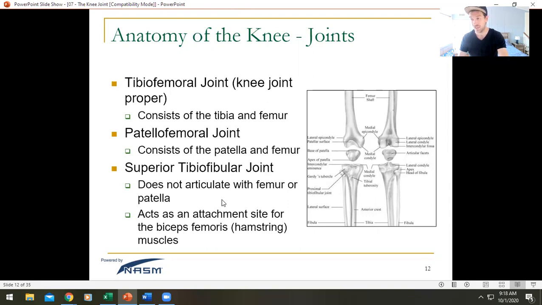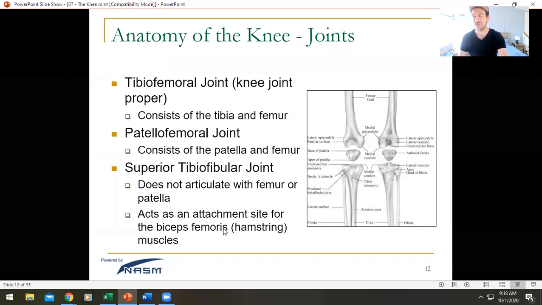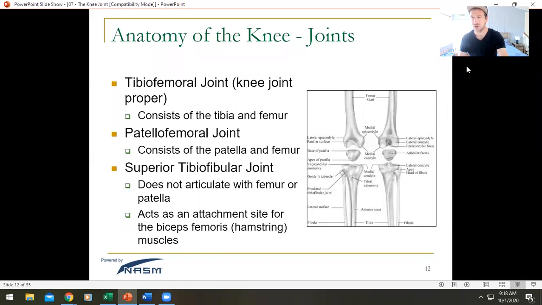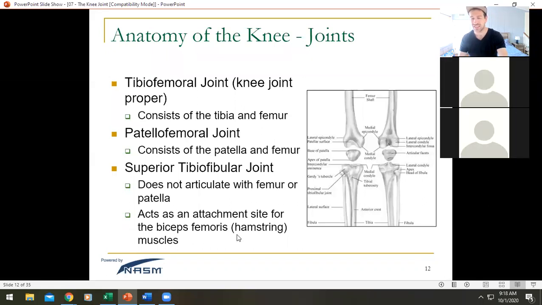And this is a fun one. I love that they got this little one here. Your superior tibiofibular joint, okay? That's this area right here where the fibula is intersecting with the tibia, and it acts as an attachment site for the biceps femoris, which is a hamstring muscle. And you'll notice I'm glaring because this muscle is evil. It's really important.